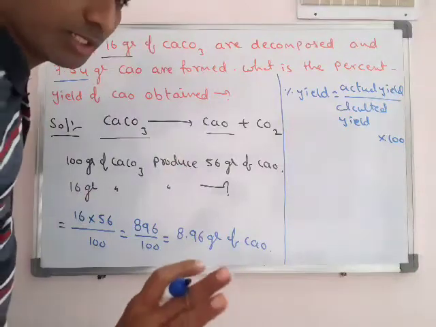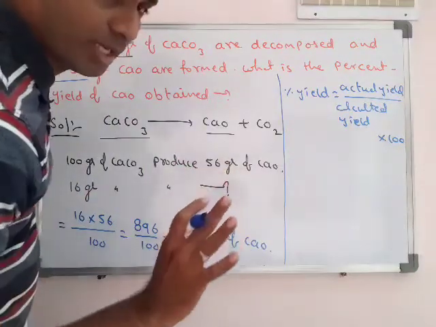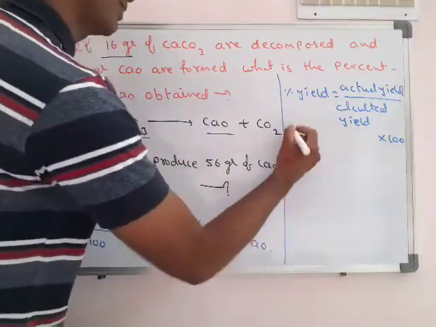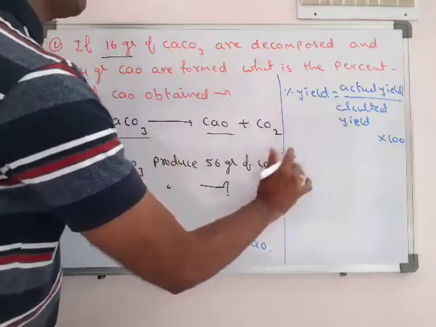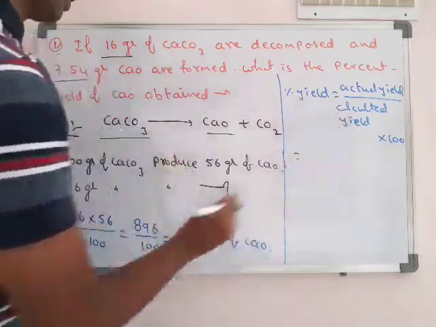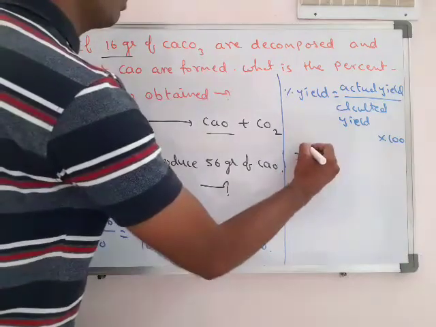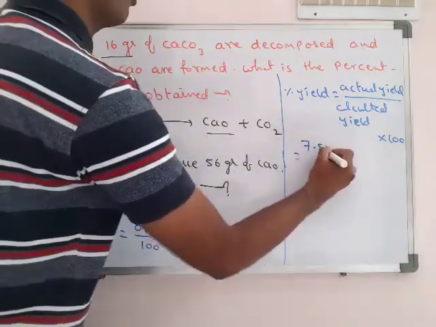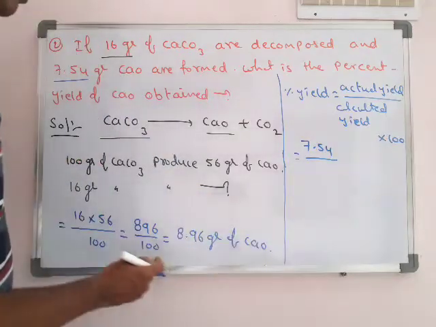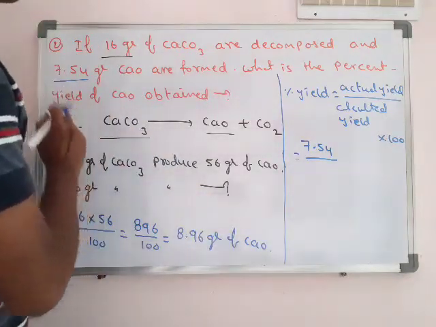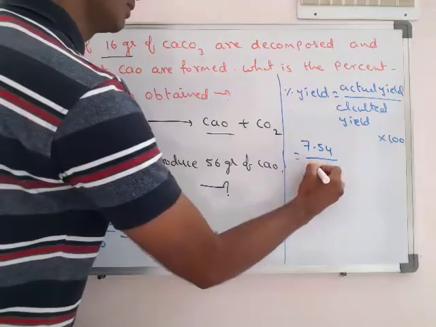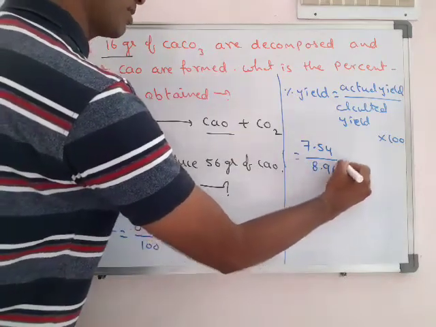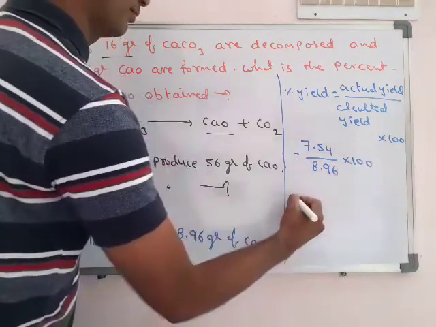You have to write the formula neatly. So what is the percent yield? Actual yield is 7.54, the experimental value. Calculated is 8.96, into 100.